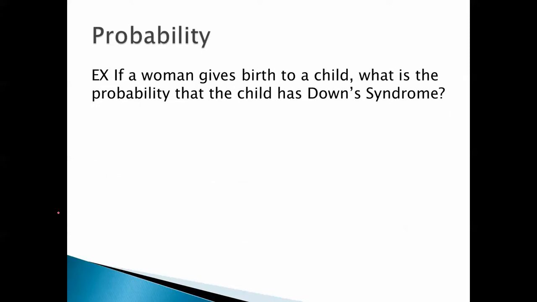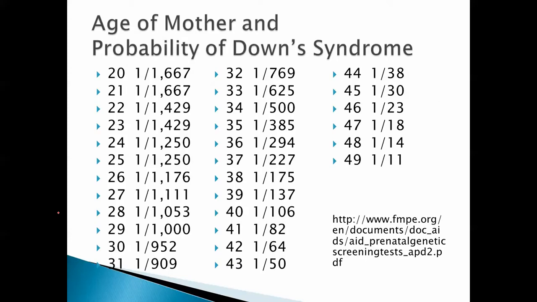Here's an interesting example. If a woman gives birth to a child, what is the probability that the child has Down syndrome? Well, it's about 1 in 800. But it actually depends heavily on the age of the mother. Notice that when the mother is 20 years old, the probability is about 1 in 1667. And it gradually rises over the years.